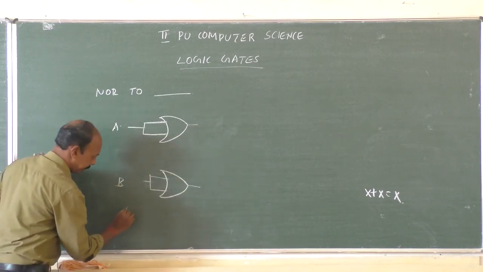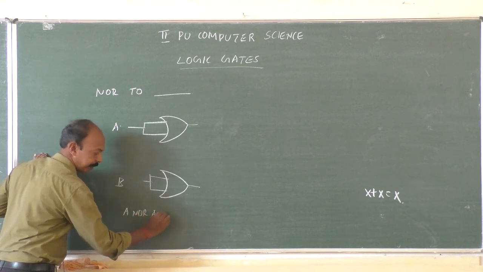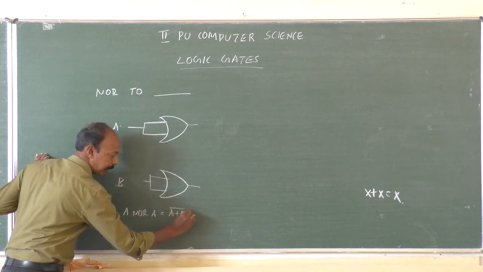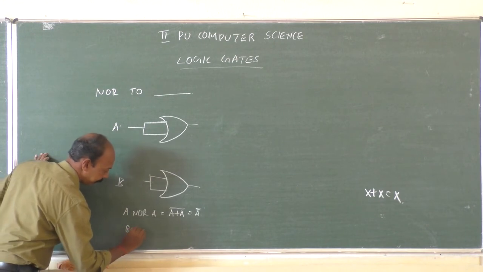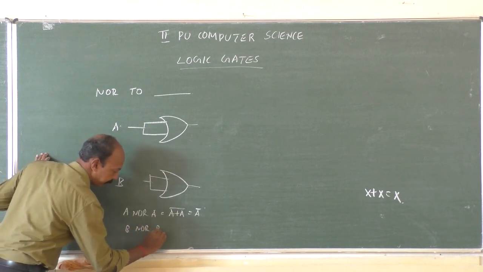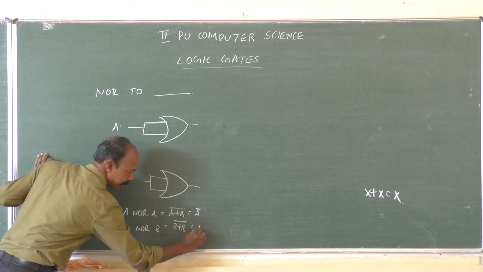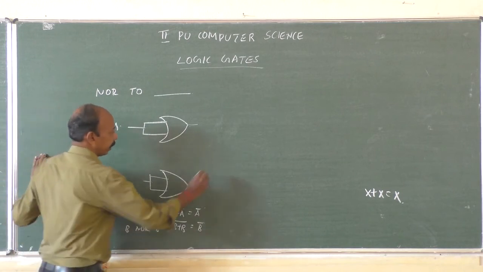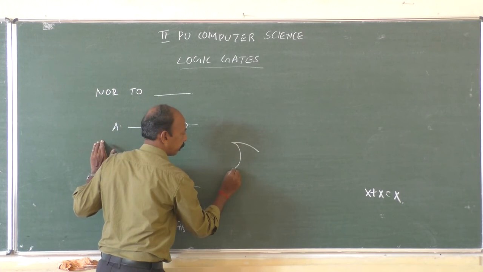That is A NOR A, that is A plus A whole bar is equal to A bar. Similarly, B NOR B is equal to B plus B whole bar is equal to B bar. In the second level, we shall have one more NOR gate.